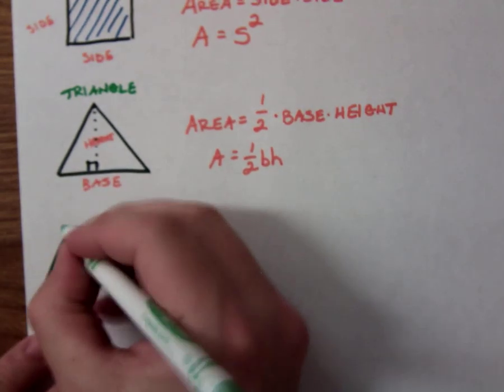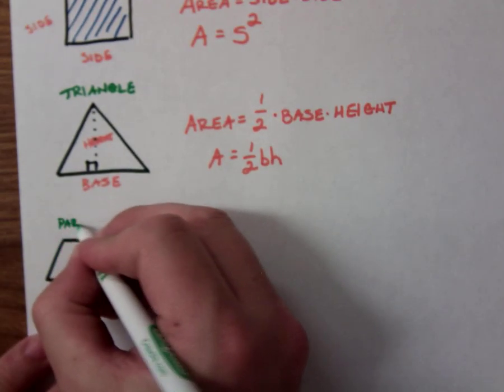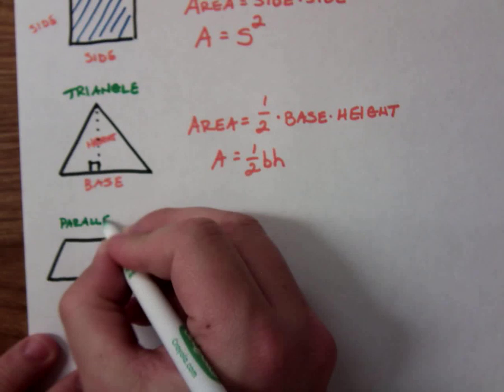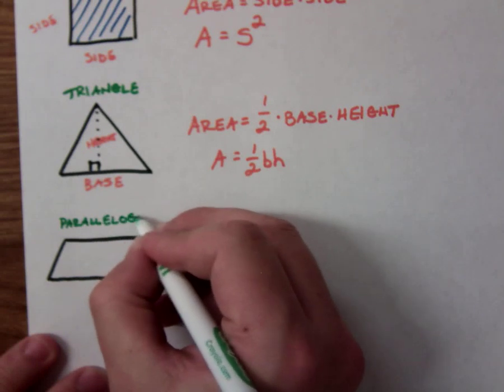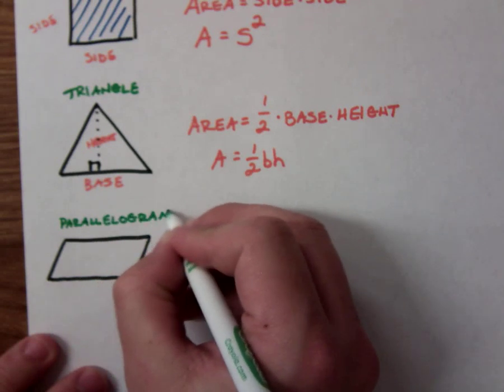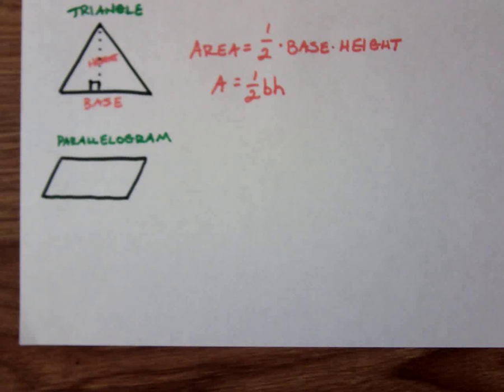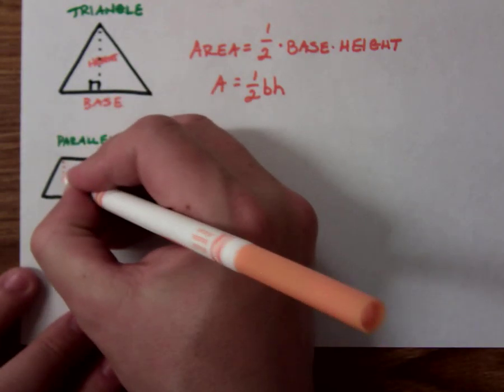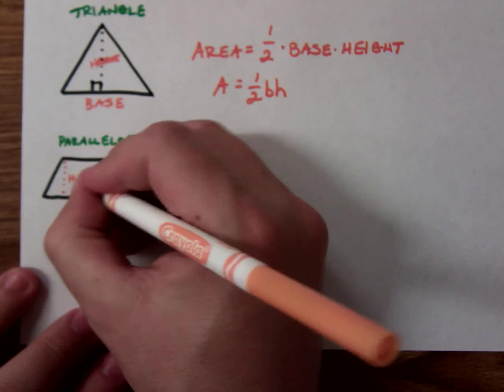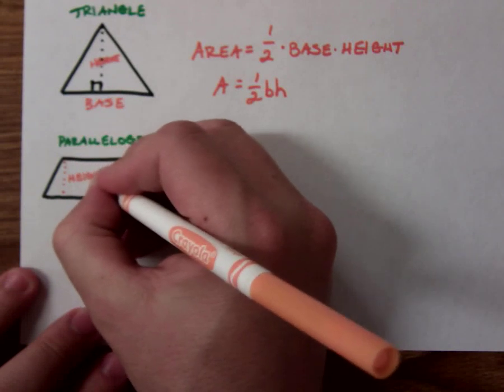This shape is called a parallelogram. Really not very good at naming things in math, so we took the shape that has a bunch of parallel sides and called it a parallelogram. Much like the triangle, we need to know the height of the parallelogram, and we also need to know the base.